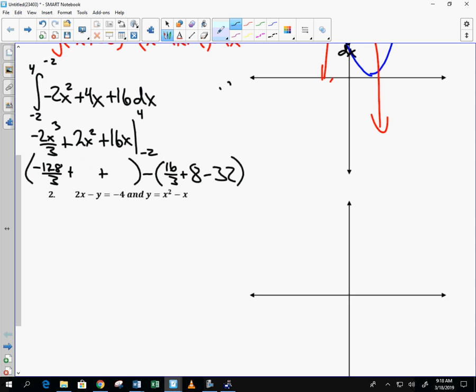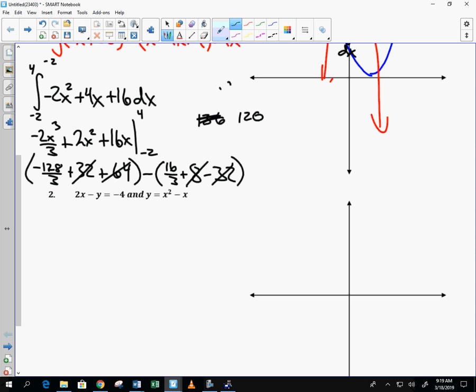So this was 32 right here, right? So it looks like I get 32 minus negative 32. That's a positive 64, and 64 is going to be 128 plus 8 is going to be 136. Oh, I got to subtract 8, excuse me. So 120.